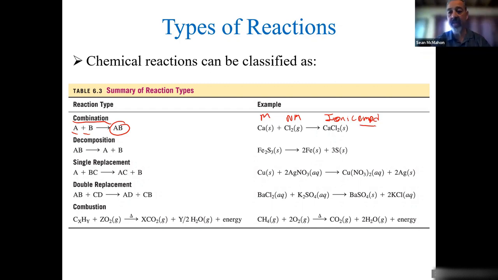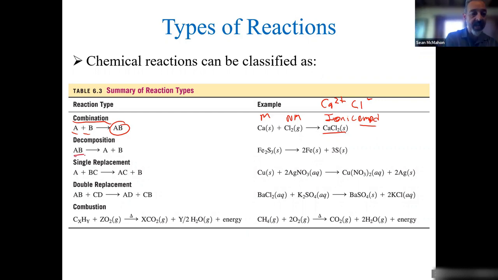Because if I see the metal calcium, I could say, oh, that has a 2+ charge, and the non-metal chlorine has a -1, right? So then I could crisscross and figure out the actual ionic compound that they come together to produce, because that's what a combination is. A metal and a non-metal coming together to produce an ionic compound.